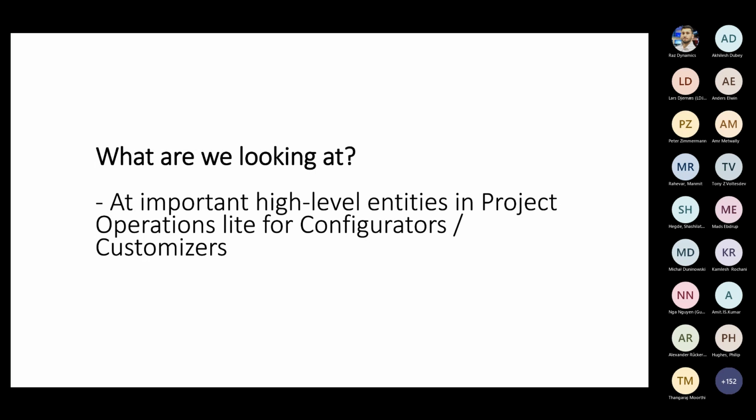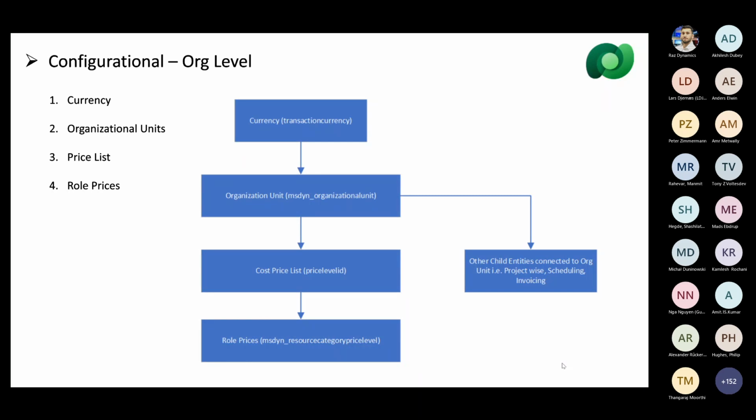All right. So whoever are configurators, customizers, or have started working on project operations and are looking to customize the system but are not able to find what is on the UI and what is behind the scenes, we're going to look at that. Starting with the first part, let's look at the common entities in the configuration aspect of things. Apart from what you see on my slides, there are a lot of entities that still exist and connect.